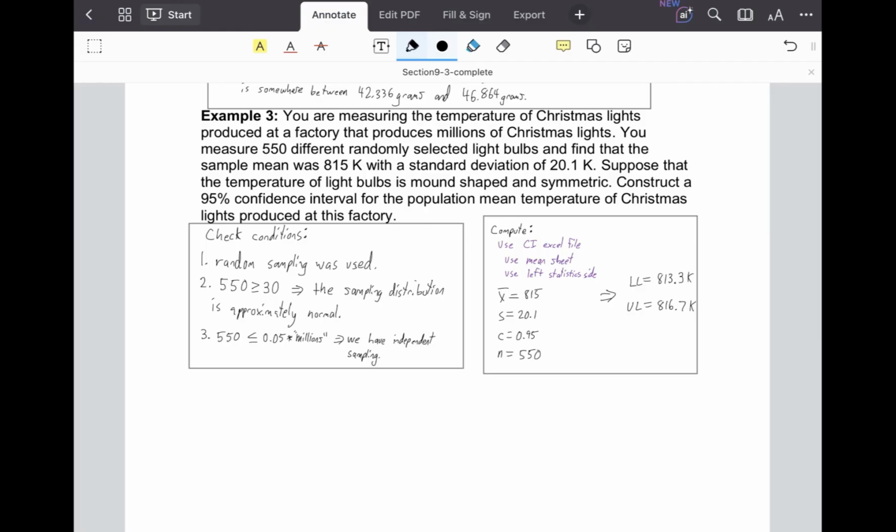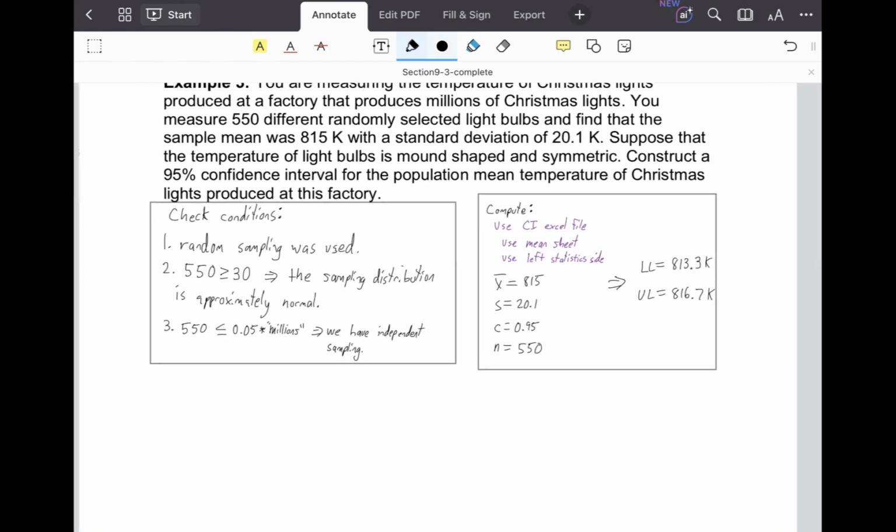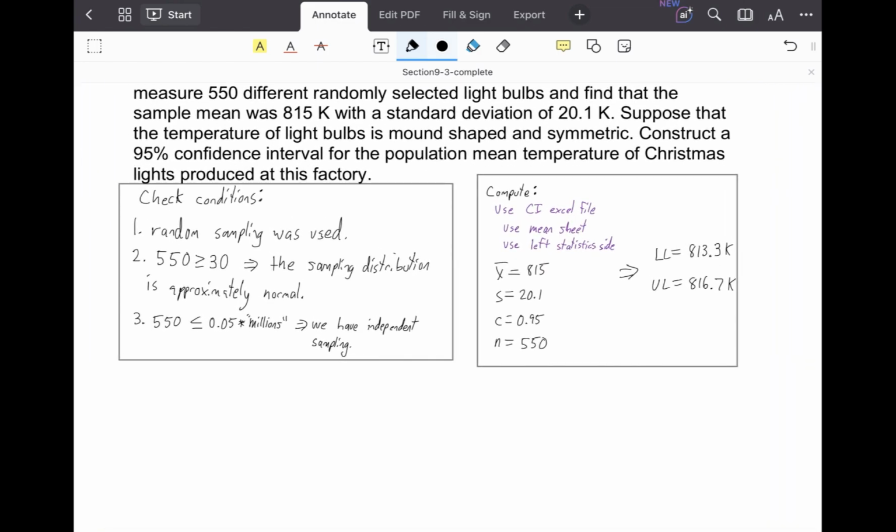Okay, cool. Now we can interpret this, very similar to what we did before.